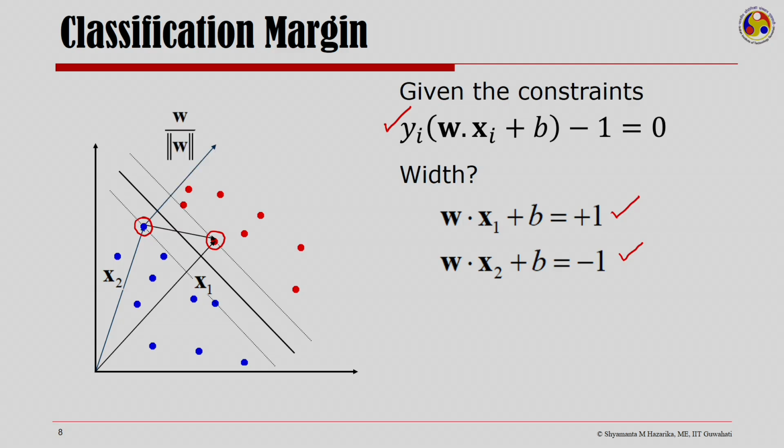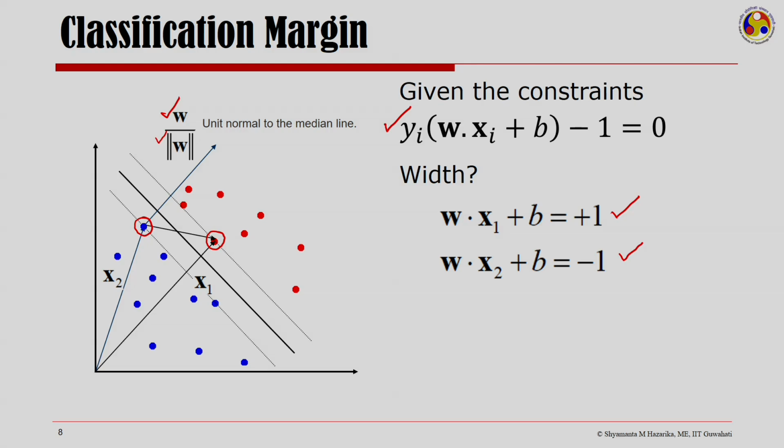Now, when we look at their difference and project that along the unit normal to the median line, you remember I had w, which was the normal to the median line, and if I divide it by the magnitude of w, I have the unit normal to the median.